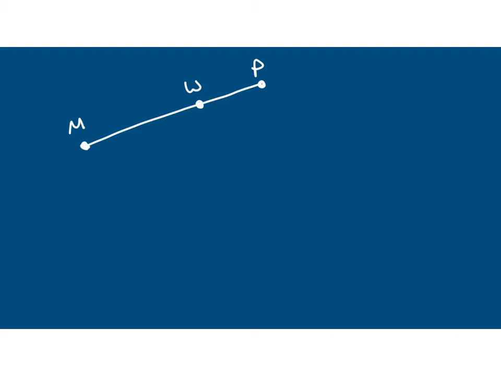I know W is between M and P, but it's not specifically the midpoint. And then I can say that MW is 10, and I know that MP over here is 14.